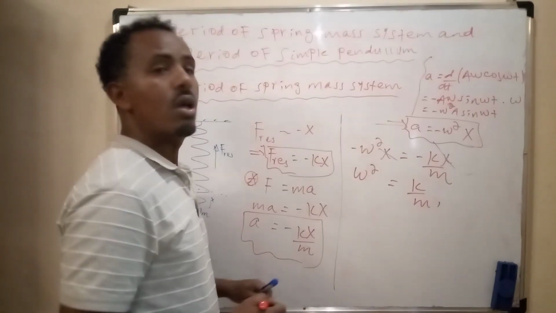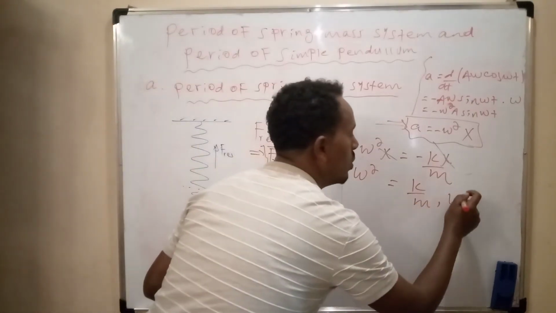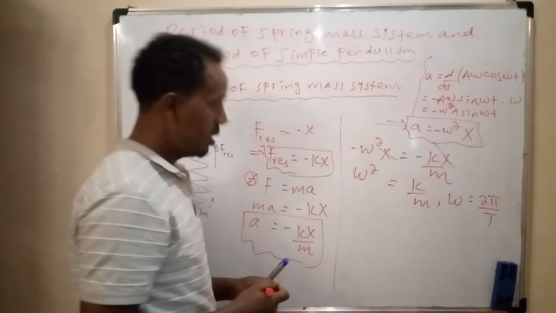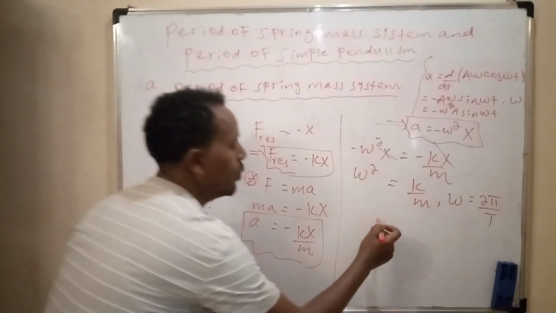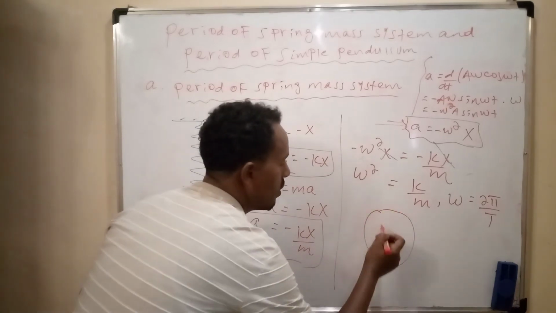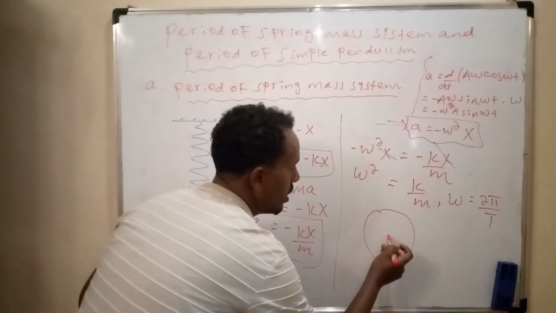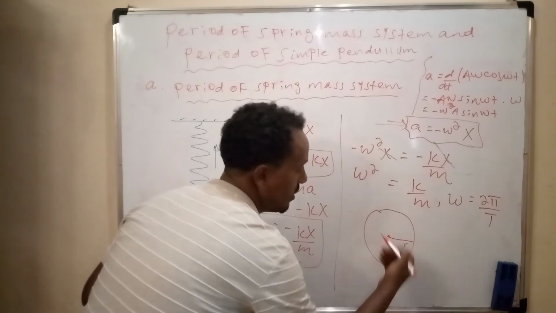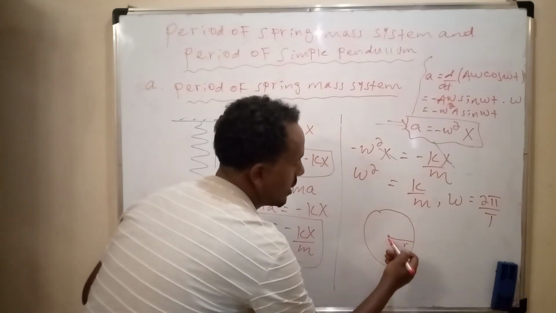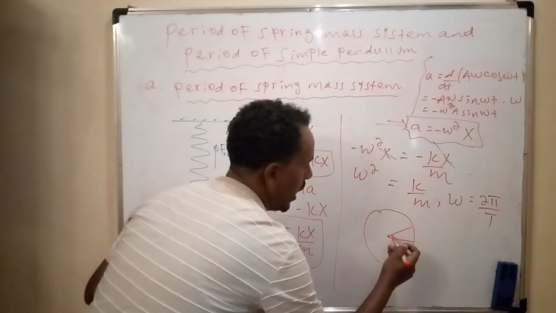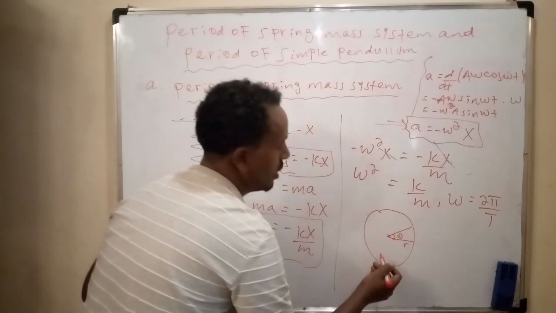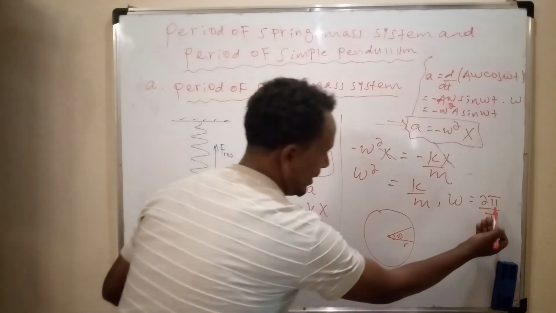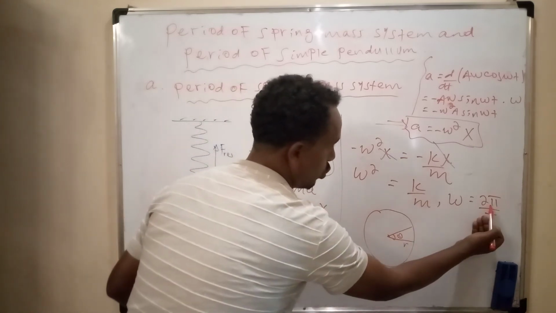But omega is equal to 2 pi over period. For one complete cycle, let's say this is the length of the string r, and theta. If theta is one complete cycle, it is changed to 2 pi.